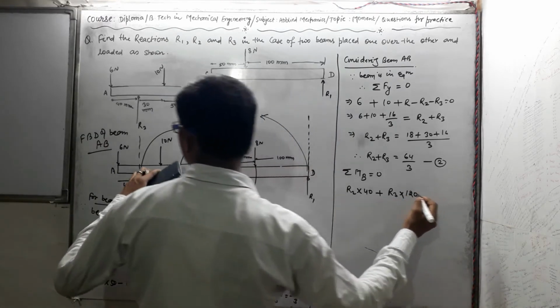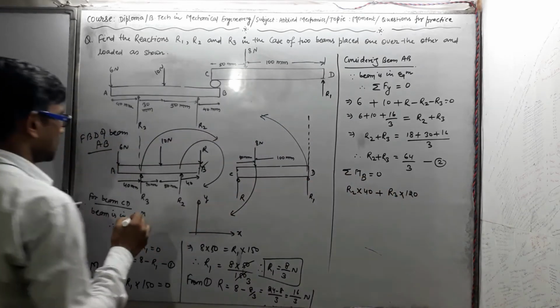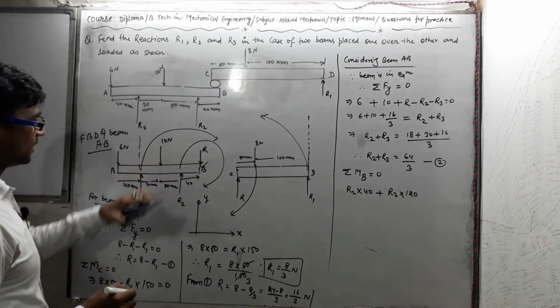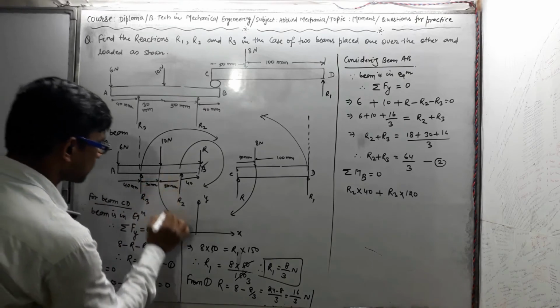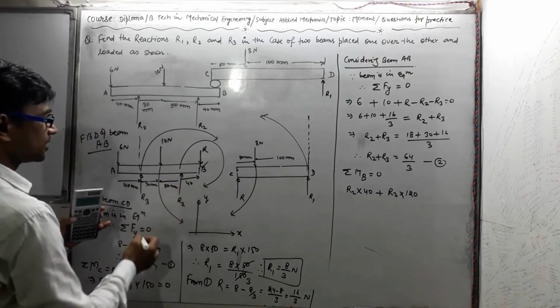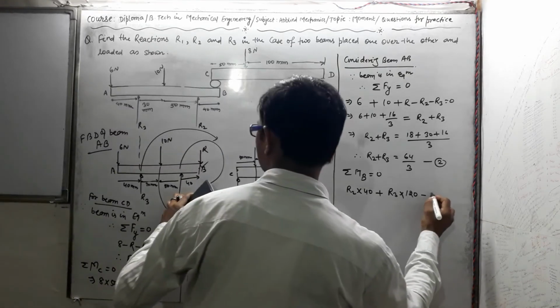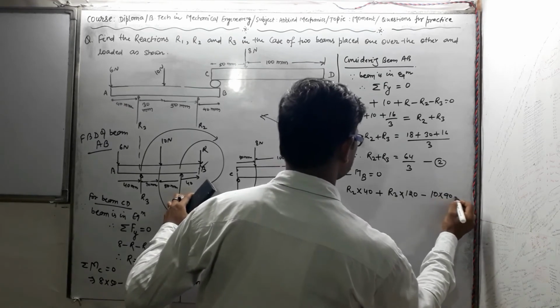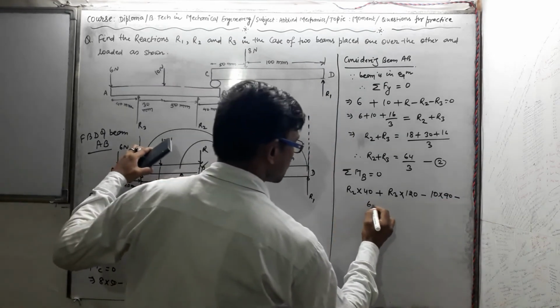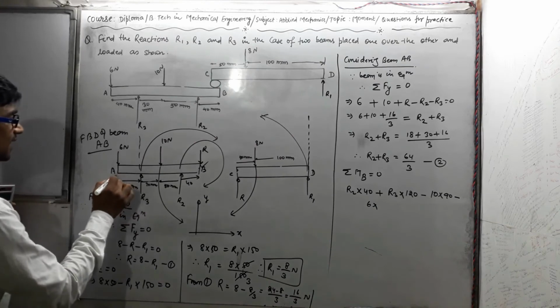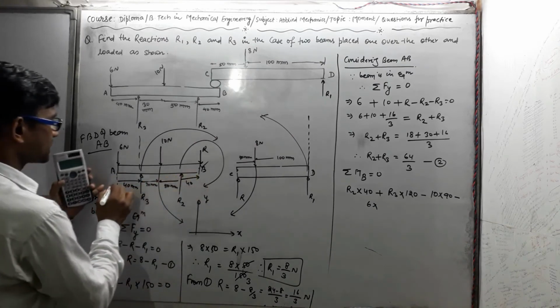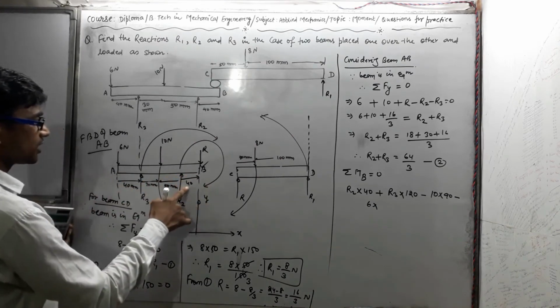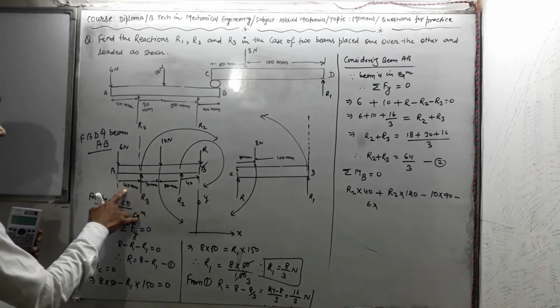And anticlockwise moment is taken as negative. So minus 10 multiplied by, what is the perpendicular distance? 50 plus 40, that is 90, so minus 10 into 90, minus 6 multiplied by the perpendicular distance between the line of action of the force and the moment center, which is 40 plus 50, 90, plus 30, 120, plus 40, that is 160.